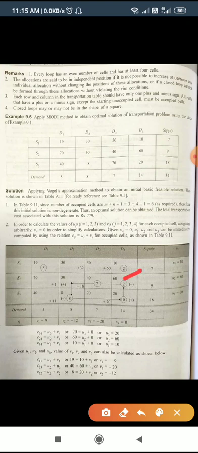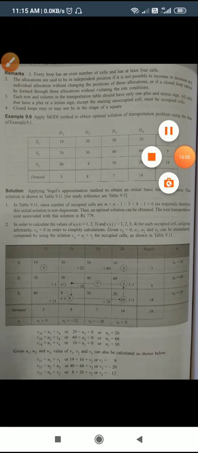So we make a closed loop. If we have a maximum negative value, we must occupy this cell by using a closed loop. We give the maximum number of units to transport through this cell, because there is an opportunity to get profit.